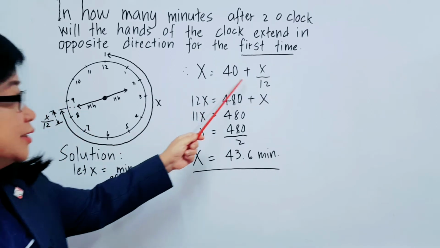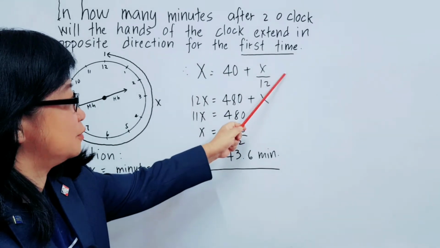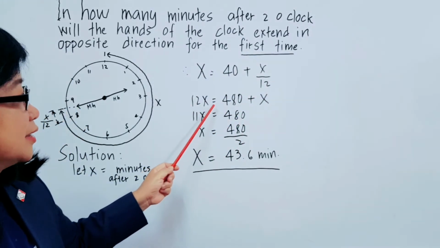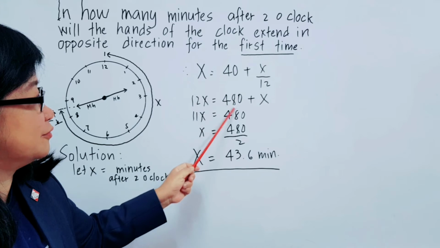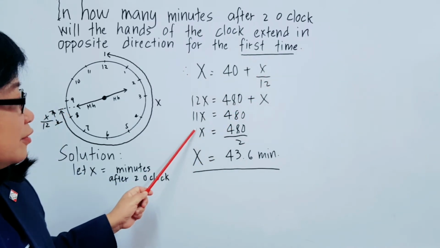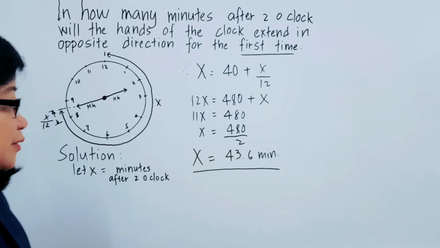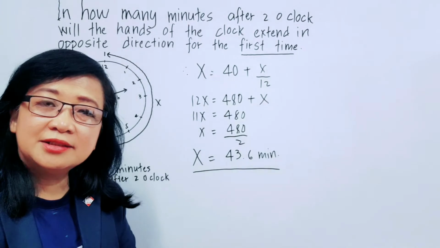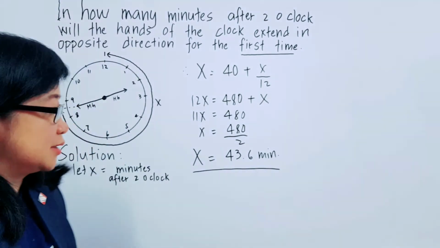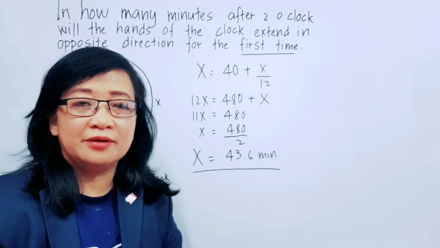So, multiplying by 12, 12x is equal to 12 times 40, which is 480, plus x. Therefore, x is equal to 480 divided by 11, and the answer is x is equal to 43.6 minutes. Congratulations to Lynn Inumata for having the correct answer, 43.6.